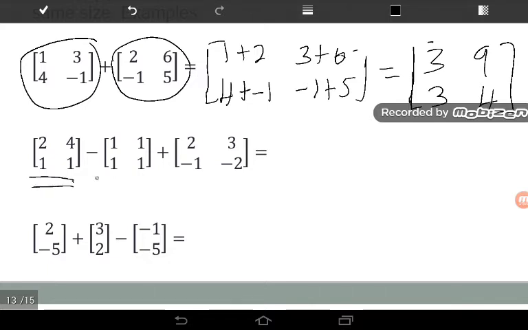a 2 by 2 matrix minus a 2 by 2 matrix plus a 2 by 2 matrix.